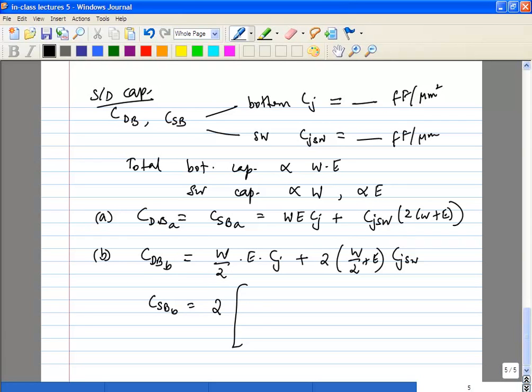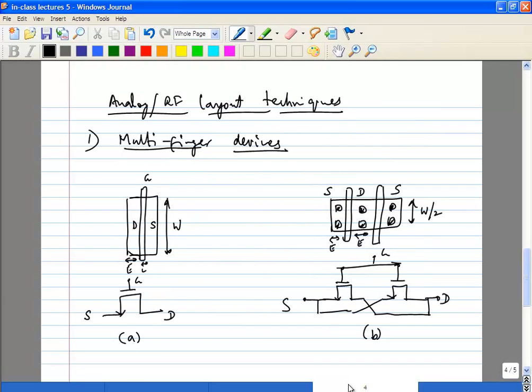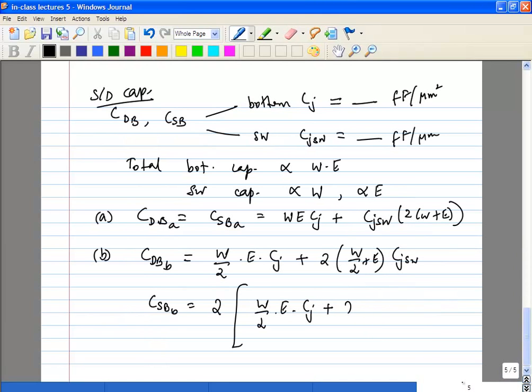So you have 2, each one is W by 2 times E times Cj, that is the junction capacitance, plus what is the sidewall capacitance? For each of these guys, you have W by 2 plus E times 2, correct? That's the overall perimeter.